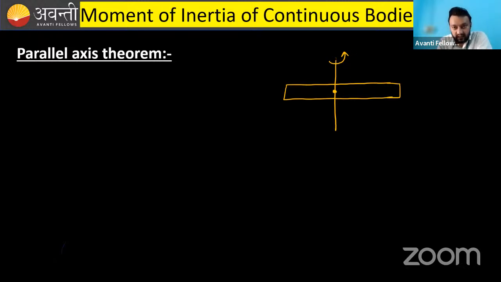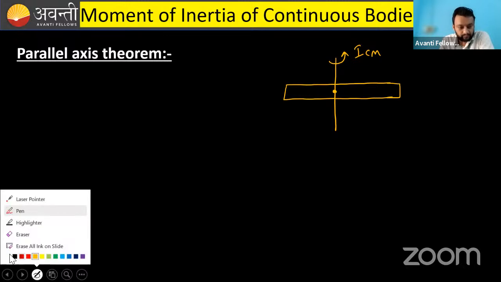This is the axis which is passing through the center of mass. Let's suppose the moment of inertia of the body about this axis is ICM. So first thing is, what is ICM? ICM is the moment of inertia of the body about the center of mass axis.